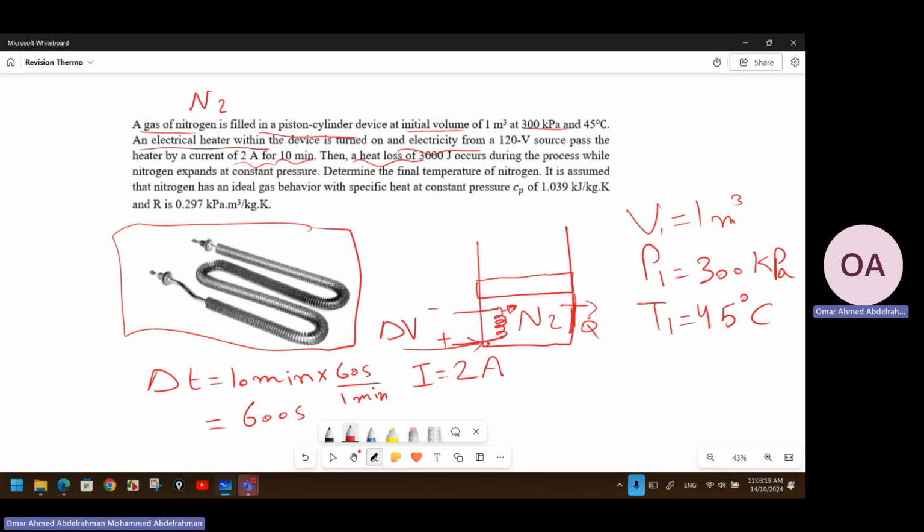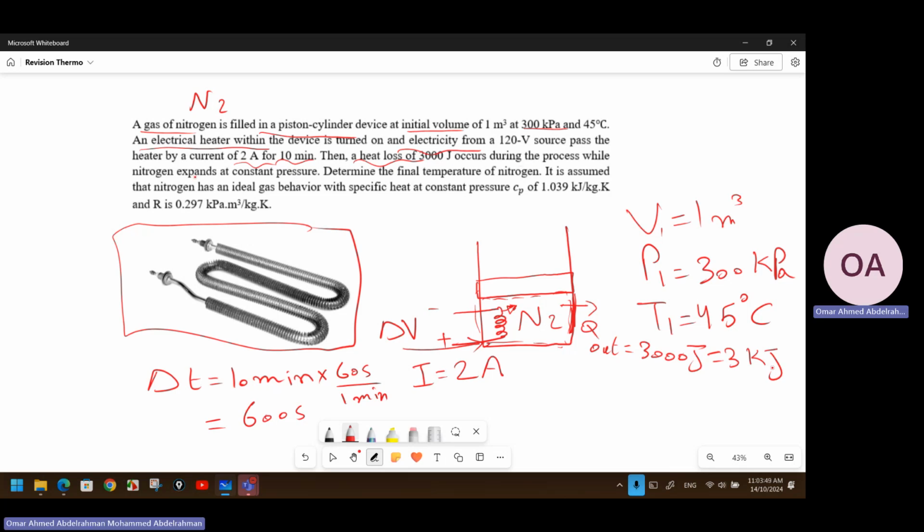Okay, because we are taking the system, the closed system, as the nitrogen itself. So we will care only about what crosses or enters the boundary. Okay. So this Q, and it is in joule. So I wrote it as Q in capital letter. So Q out is 3000 joule. Okay. Also put it in kilojoule because usually we deal with kilojoule.